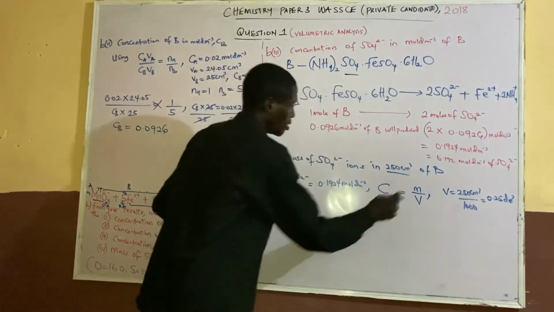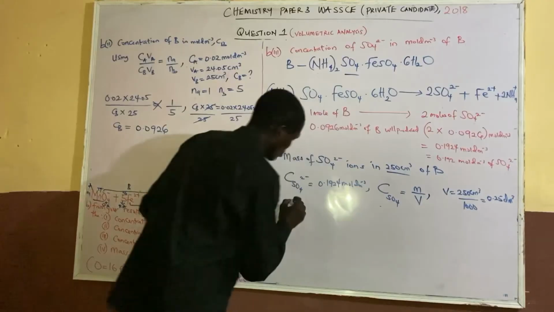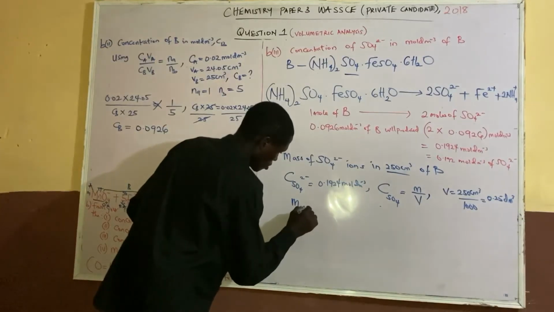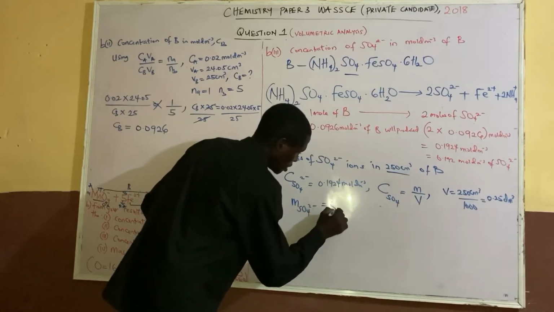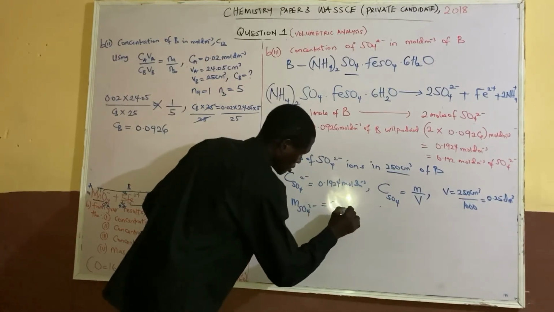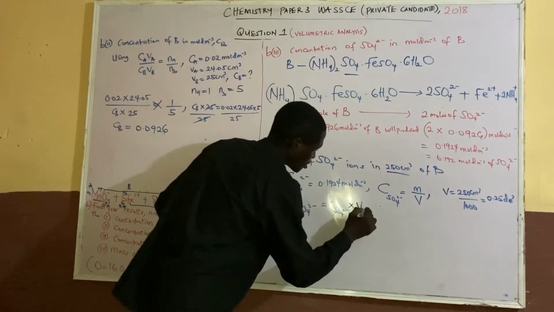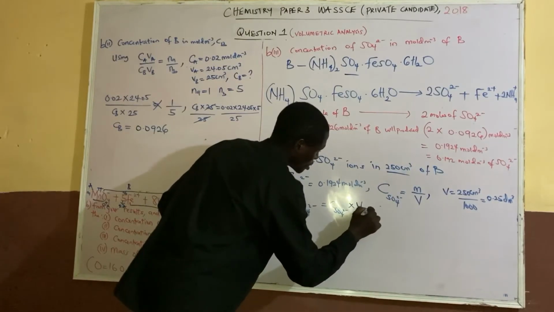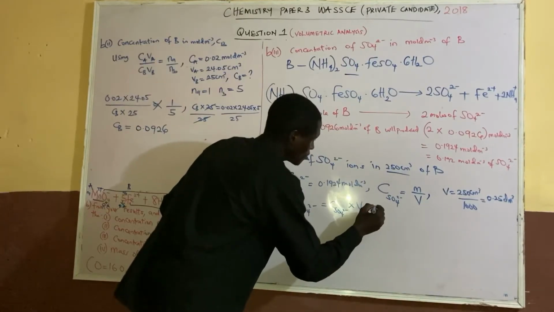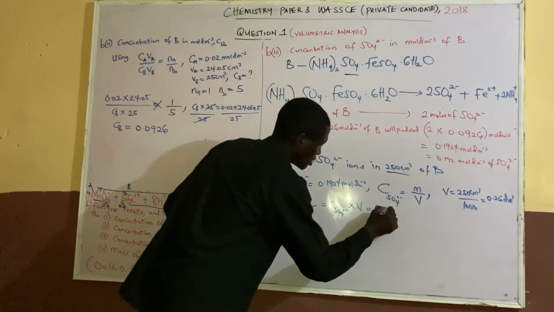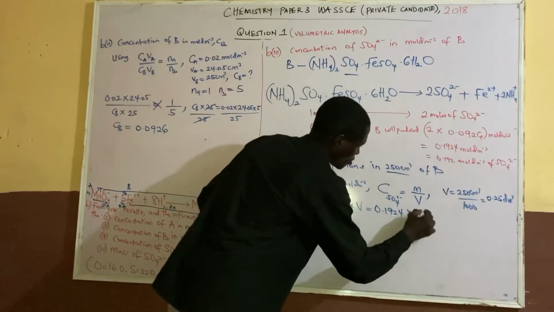So, when you cross multiply, the mole of SO4 2 minus will be equal to C, the concentration that you just calculated, multiplied by the volume of solution we just changed into dm cube, which is 0.1924 multiplied by 0.25.